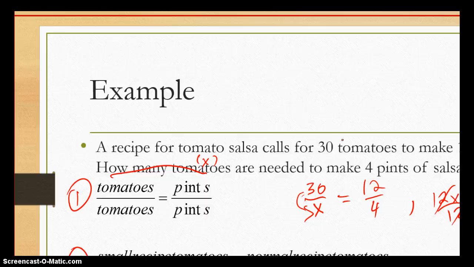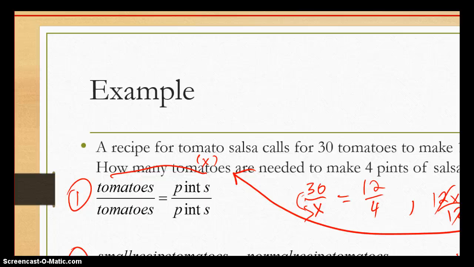Okay, remember you have to make sense out of that. So don't just put x equals 10. What does 10 truly mean? 10 truly means that we need 10 tomatoes. The second way that you could write this is you could write the small recipe over the small recipe. So the small recipe of tomatoes, which we don't know, over the small recipe of pints, which is 4.